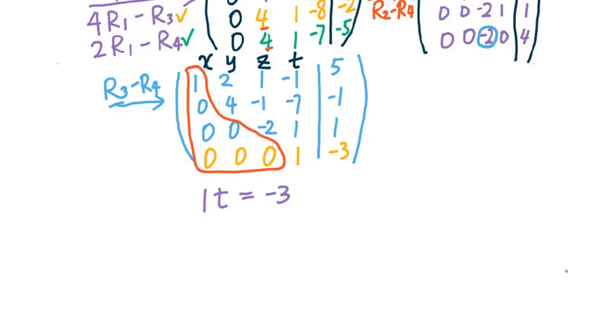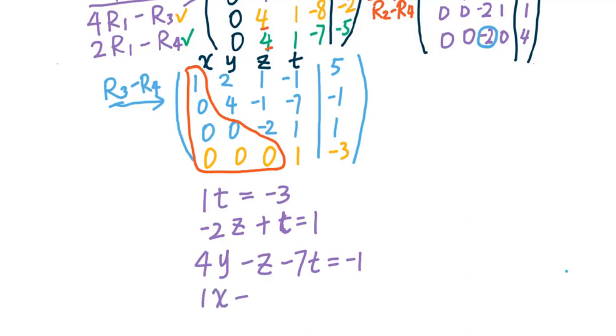Then negative 2z plus t equals 1. 4y minus z minus 7t equals negative 1. And 1x plus 2y plus z minus t equals 5.